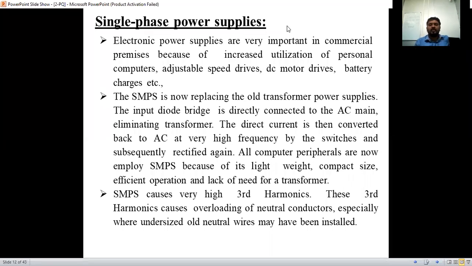But in your computer, as I explained in the first unit, all computers now do not use a transformer for the variation of voltage. They are using an SMPS. Somewhere I have told that all the transformers are now replaced by SMPS.